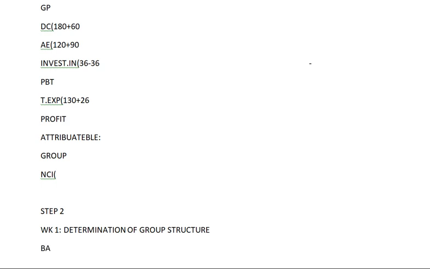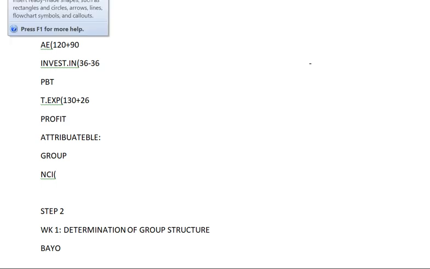Buyer is the one that is buying, that has a share in Margaret. So B to M. And that's how many percent now? 60. Let's go back and check.